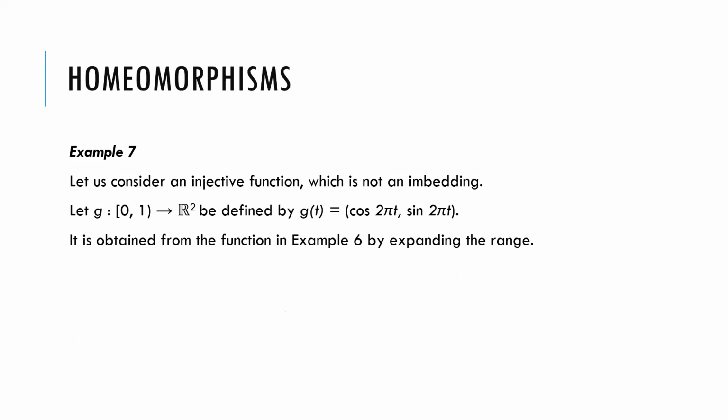So we saw that f in the previous example, which maps the half-open interval from 0 to 1 to the unit circle, is not a homeomorphism. Thus, even when we expand the range, we would not get an embedding, since we cannot have an embedding without a homeomorphism.